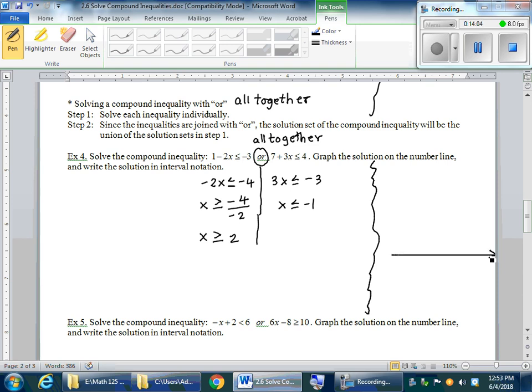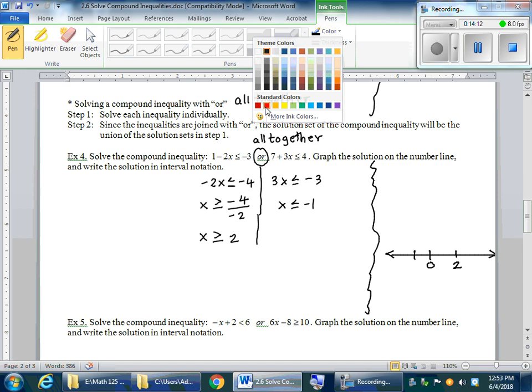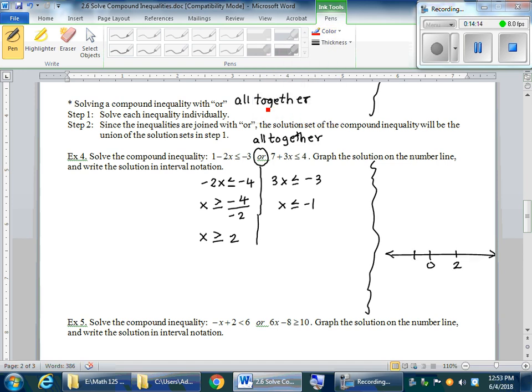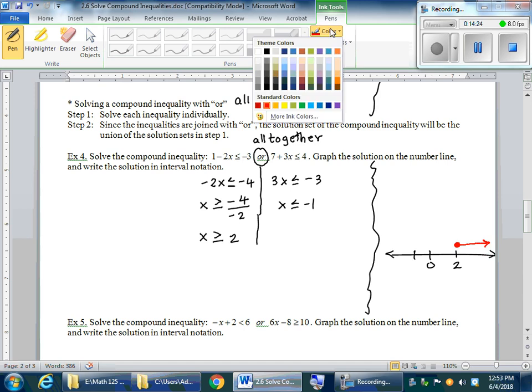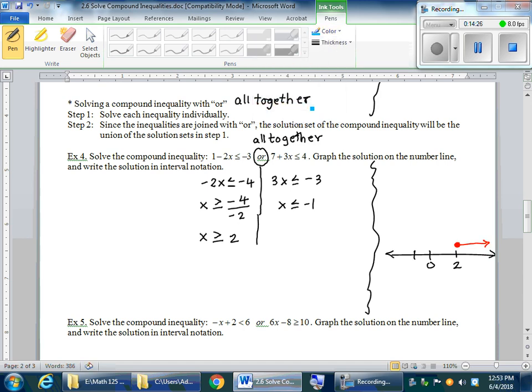So here's the graph. Here's 0. This is 2. The first inequality solution is x is greater than or equal to 2, so a closed circle to the right side. The second inequality says that x is less than or equal to -1.